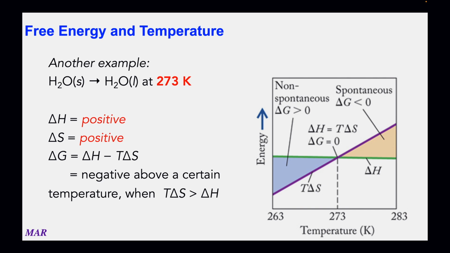So say at 298 Kelvin, then the entropy term is able to overpower the delta H term, and you end up with a spontaneous, i.e. negative delta G. On the other hand, at temperatures less than 273, the opposite is going to happen, and your ice will stay the same. So this is kind of a practical use of all this to figure out how ice melts. And of course, if you want your ice to melt, it has to be at a warmer temperature. On the other hand, if you want your ice to stick around, you should have it at a temperature less than 273 Kelvin.